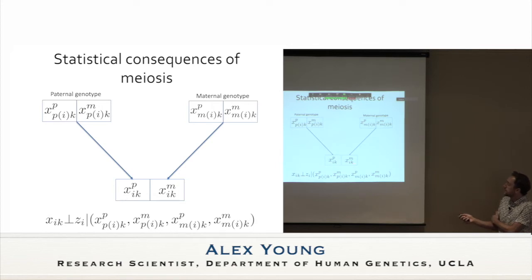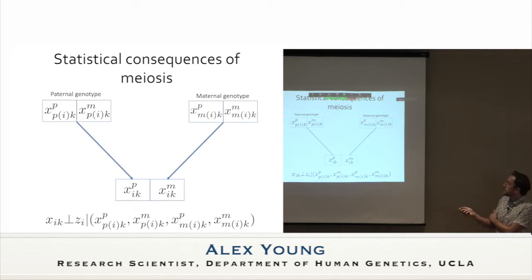Similarly, the individual's maternally inherited allele is randomly either the mother's paternally inherited allele or the mother's maternally inherited allele. So we're all mosaics of our four grandparents' alleles, and which of the paternal grandparents we get is random, and which of the maternal grandparents we get is random.